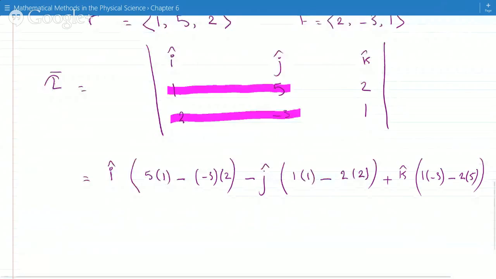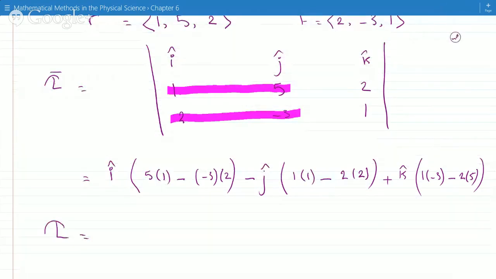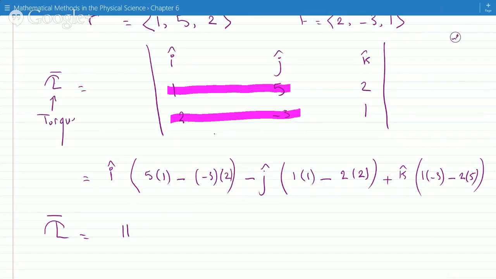So that tells us it's 5 plus 6 is 11i. And here we get 1 minus 2 is minus 1, so plus j. And minus 3 minus 10 is minus 13k.